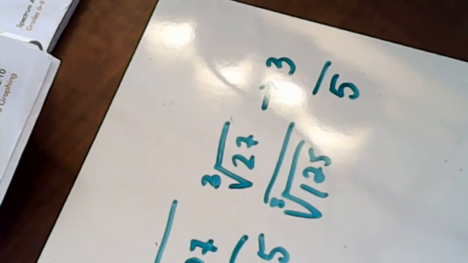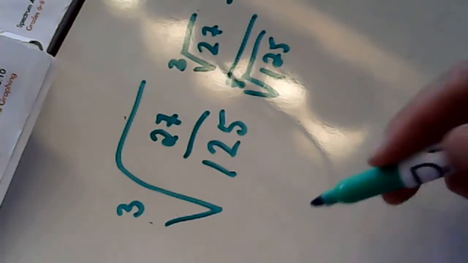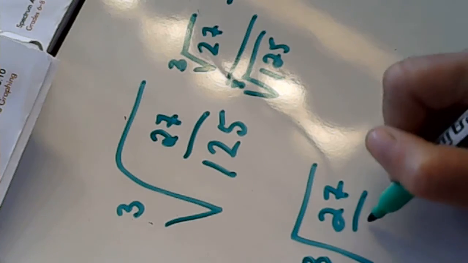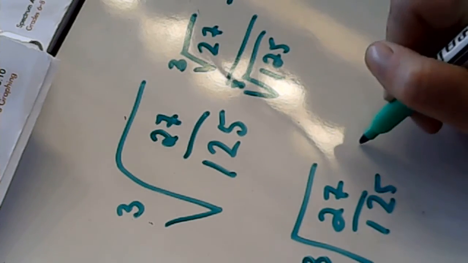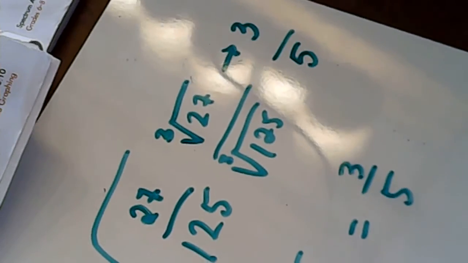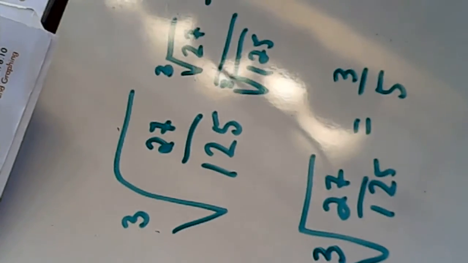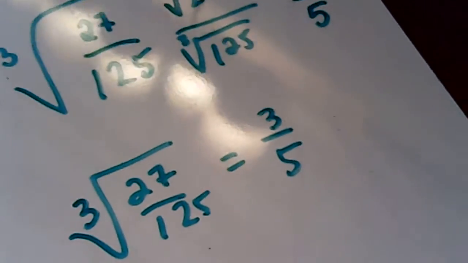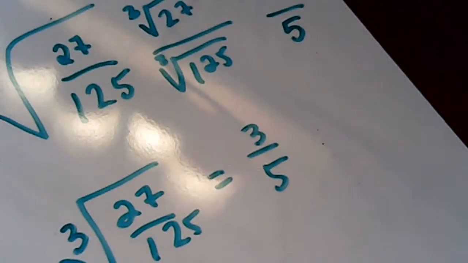So in the end, if I'm looking back at it, the cube root of 27 over 125 equals 3/5. See that? That'd be a better way to do this.